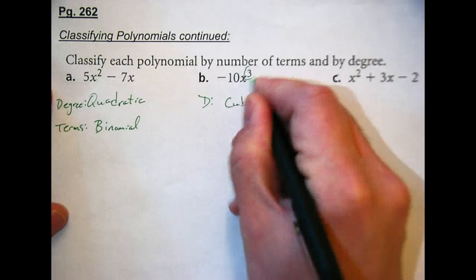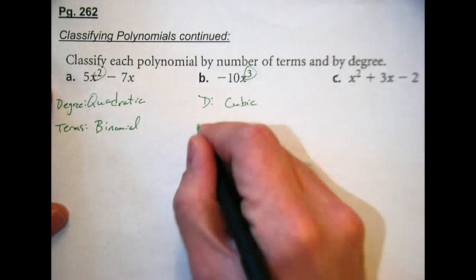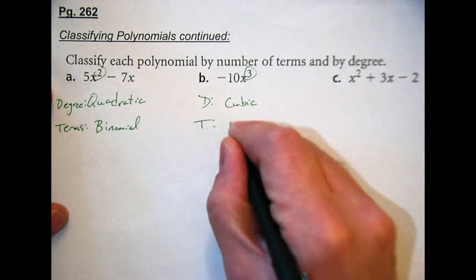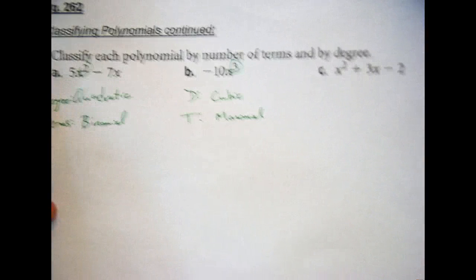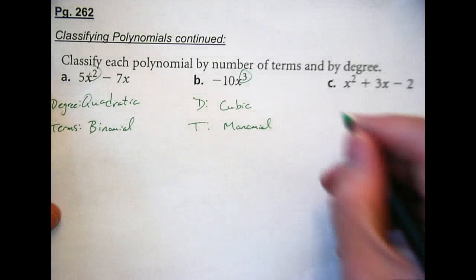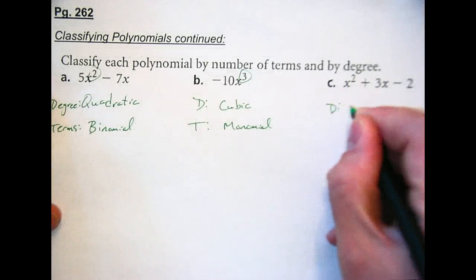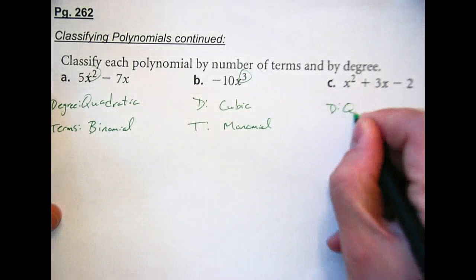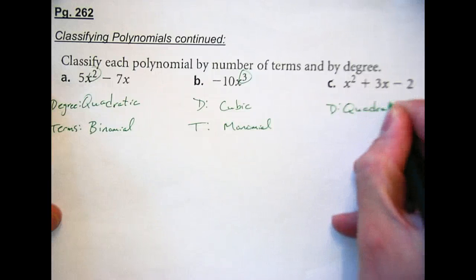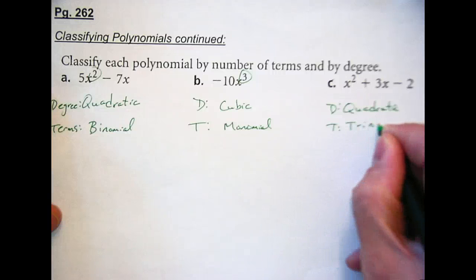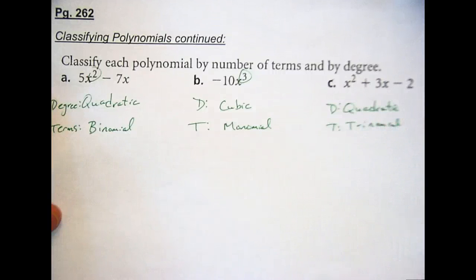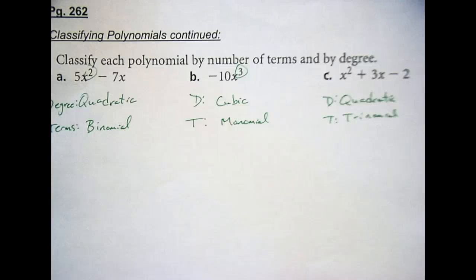Okay, 3rd power versus 2nd power. And by terms, we call it monomial. Okay. And by degree, what do we got on this one? Quadratic. And by terms, we call it a trinomial. Good. Okay. Any questions on those?